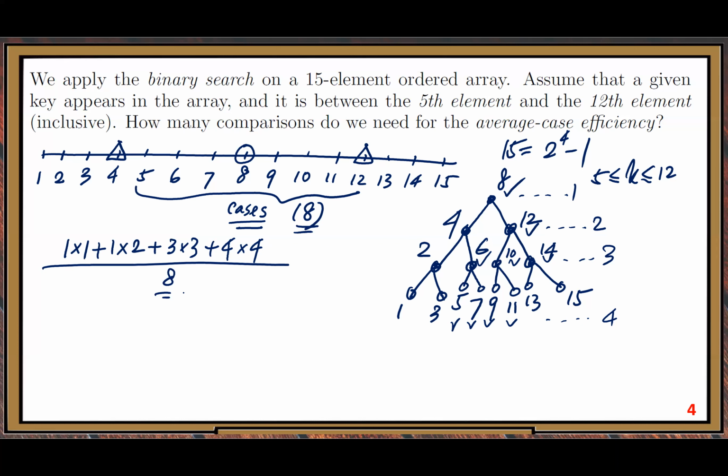So 8, 12, 6, 10, 14, 5, 7, 9, 11. Nothing is wrong.